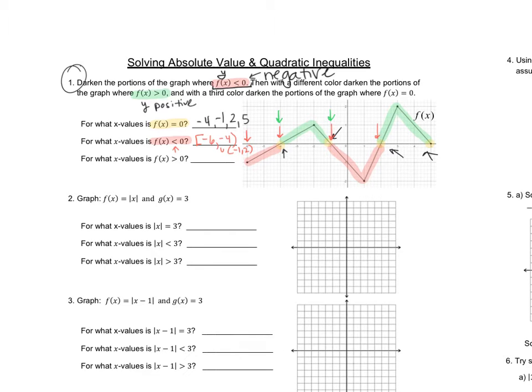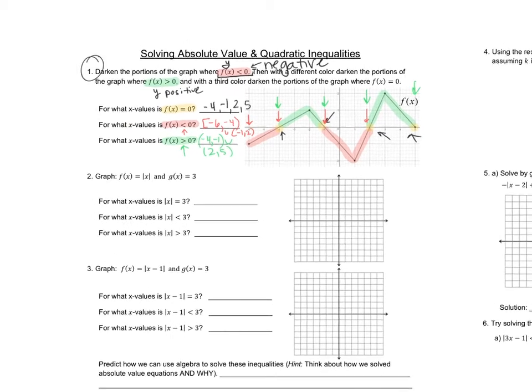So we're saying from -4 to -1, those are both parentheses because we equal 0 at those points, and we want to be just greater than 0. And then from 2 to 5, and I'm going to put a little U to say both of those sections. And again, that was looking at the green highlighted section.